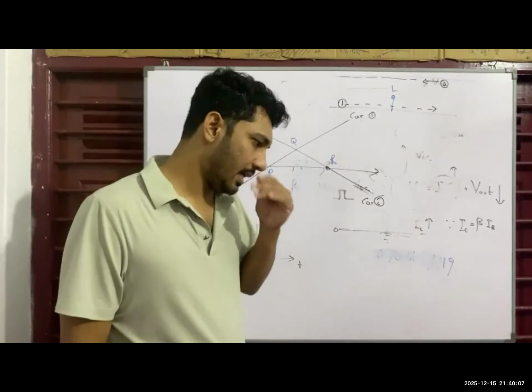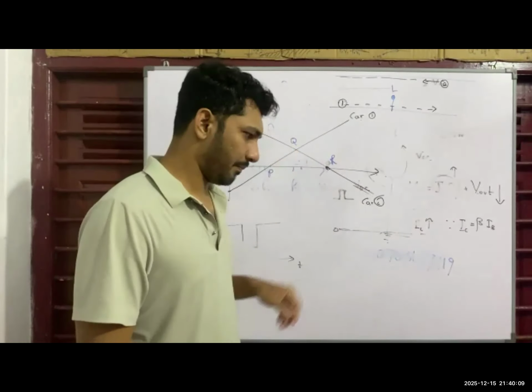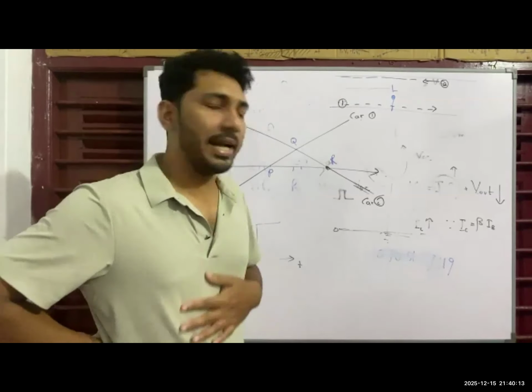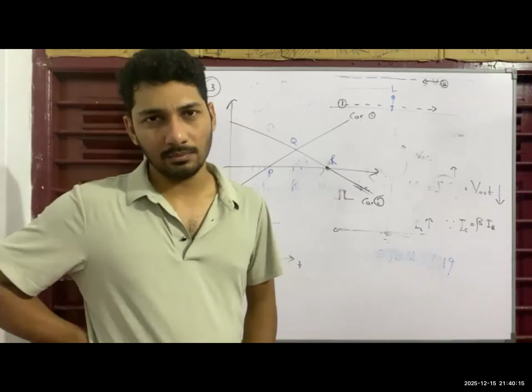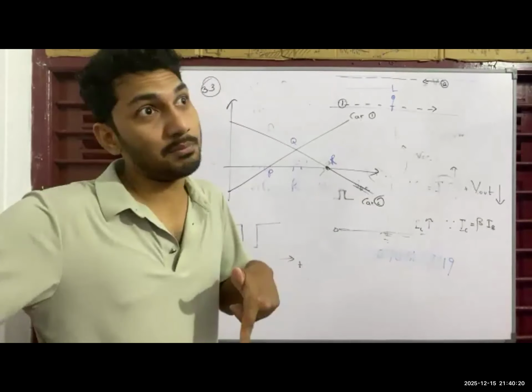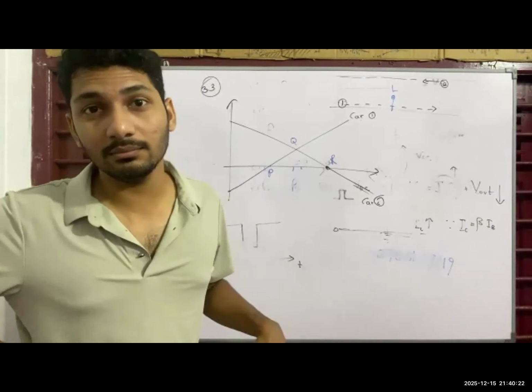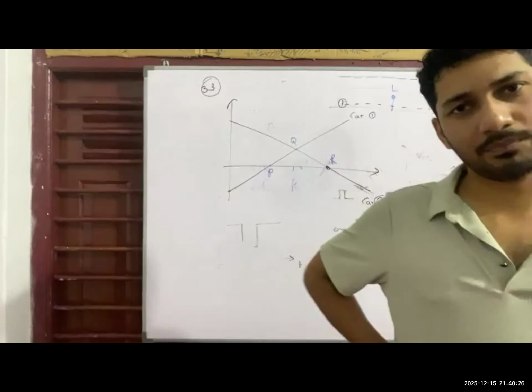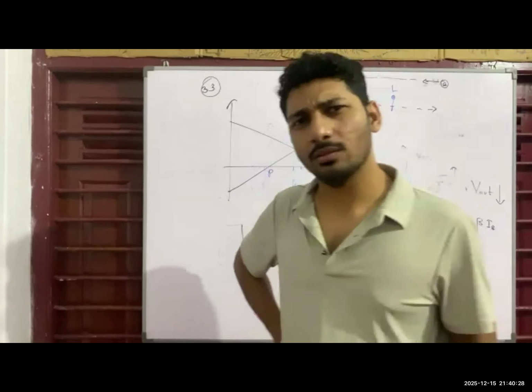Then B. Relevant to the point Q, both cars are moving towards the lamp post and cross each other. Is that possible? They are both moving towards the lamp and crossing. Is that possible in any universe? I don't think so.